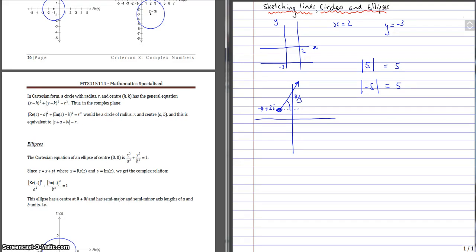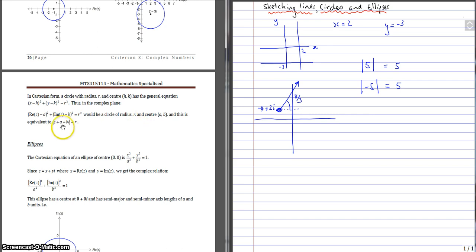And so in the complex plane we can consider that as well. x being our real component, so that's the real part of z, is x minus a, so instead of h we've got a, all squared, plus the imaginary part of z, which is y, minus b instead of k, equals r squared. So that's going to be a circle with a radius r and a centre of (a, b).